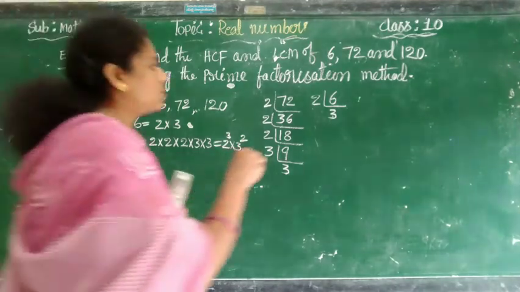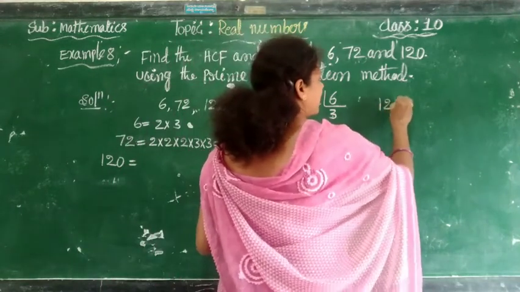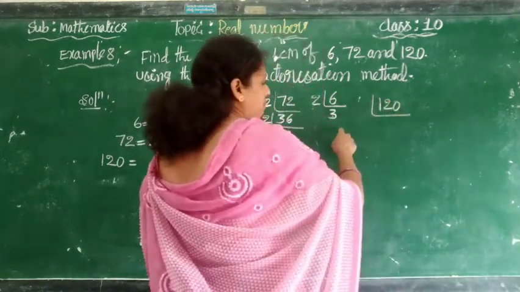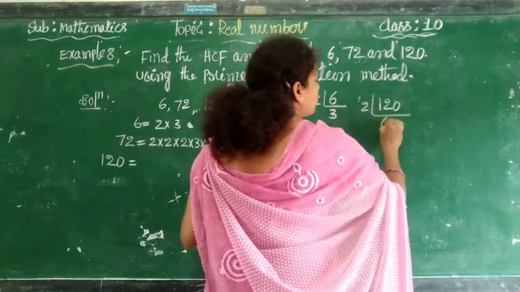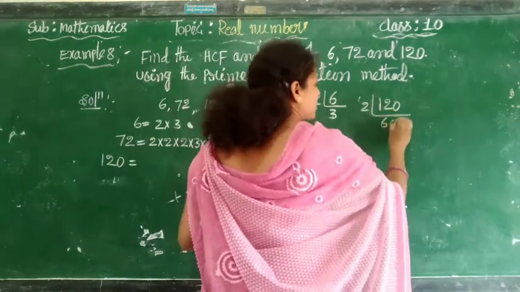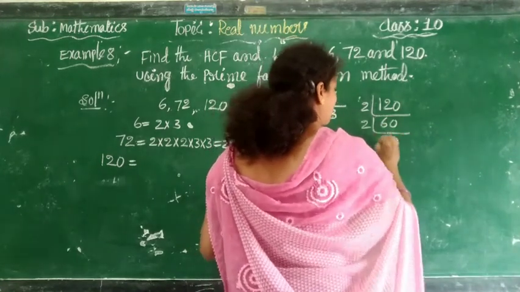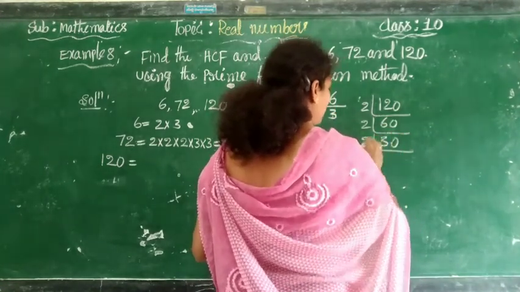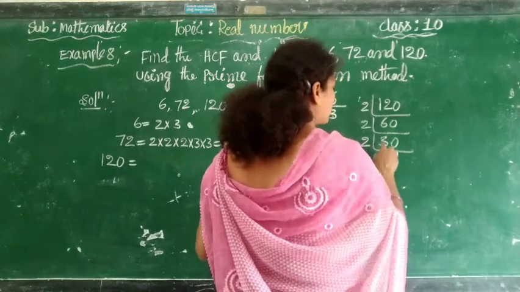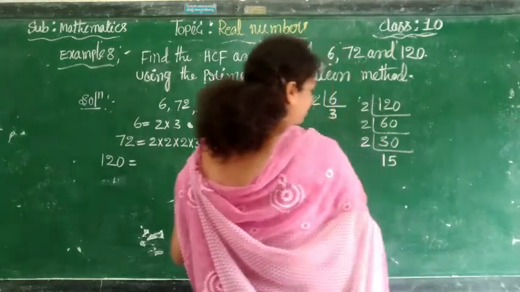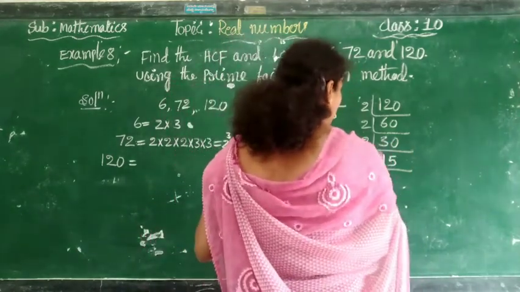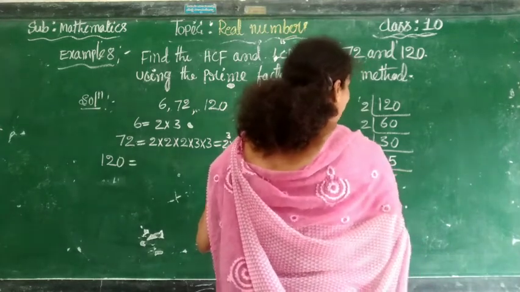So the last one is 120. Substituting in factorization: 2 6s are 12, 0. 2 3s are 6, 0. 2 1s are 2, 2 5s are 10, so 3 5s are 15.